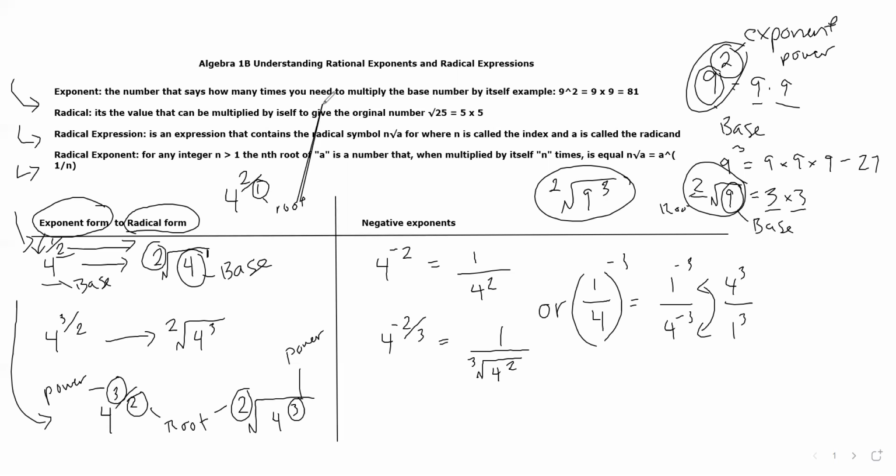Okay, let's just get rid of that like this. The one would be the root, and then the two would be the power, which means if I were to change this into radical form, the two goes outside of the radical, right?